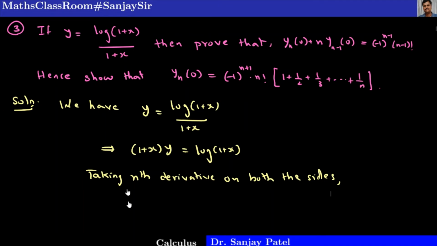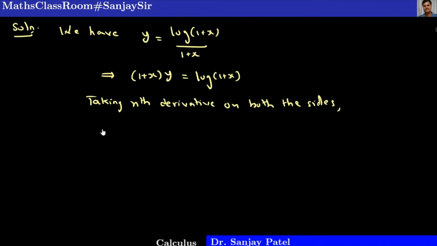So what we are writing here is 1 plus x into y, the nth derivative of this product, and nth derivative of the function log of 1 plus x. We have the formula for finding nth derivative of log of 1 plus x. Let me just mention that formula here so that you can understand.